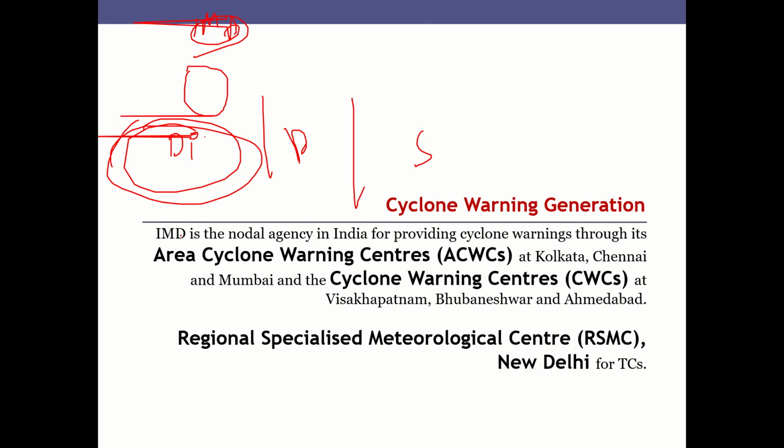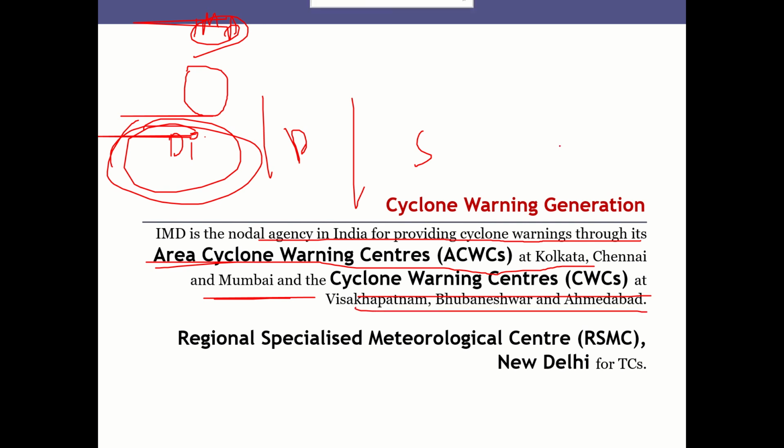IMD is the nodal agency in India for providing cyclone warnings through its area cyclone warning centers in Kolkata, Chennai, Mumbai, and cyclone warning centers in Visakhapatnam, Bhubaneswar, and so on. Also, now we have sophisticated technology. Probably when you were here on the campus, you must have experienced it.